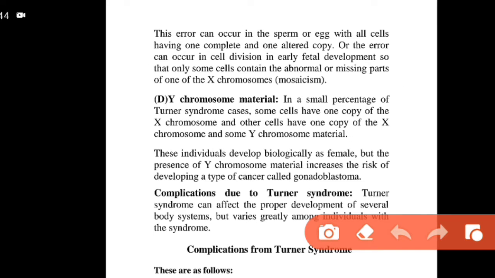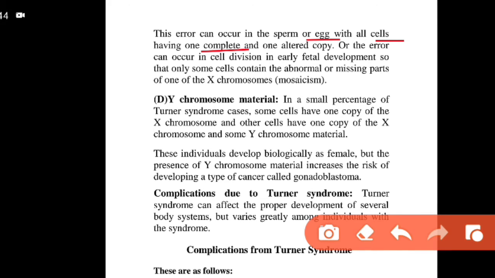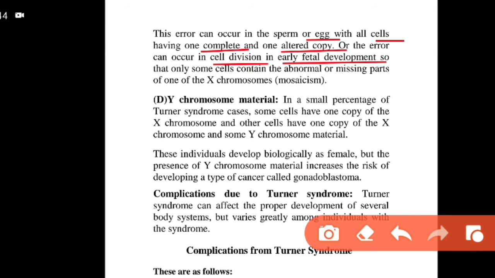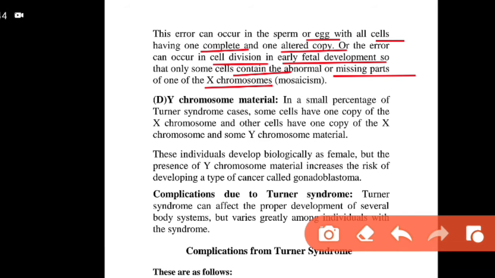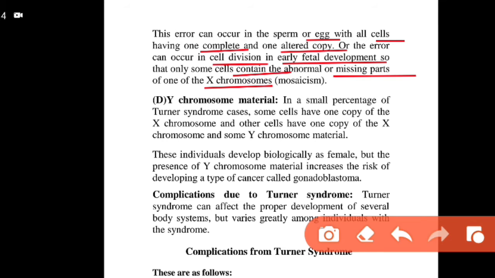This error can occur in the sperm or in the egg, with all cells having one complete and one altered copy. Or the error can occur in cell division in early fetal development, so that only some cells contain the abnormal or missing parts of one of the X chromosomes. So in mosaicism, the alterations of the X chromosome in a certain way may be seen.